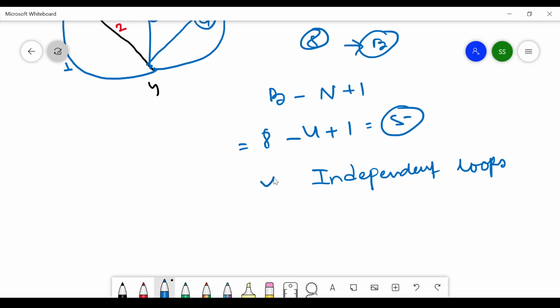If we get 5 independent loops, then we will get 5 independent KVL equations.